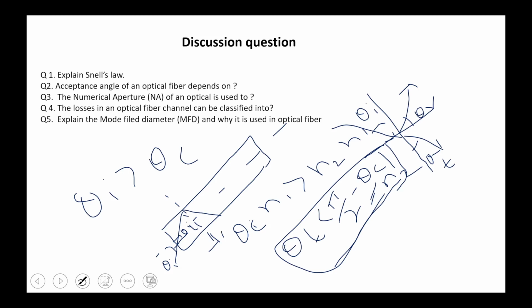Actually we dope the glass fibers with doping materials, and the doping materials have their bondings at particular resonant frequencies. If the pumping frequency is the same as the resonant frequency of the bondings, then those particular frequencies will be absorbed. Since these frequencies are also in the IR range, we need to take care of those things.